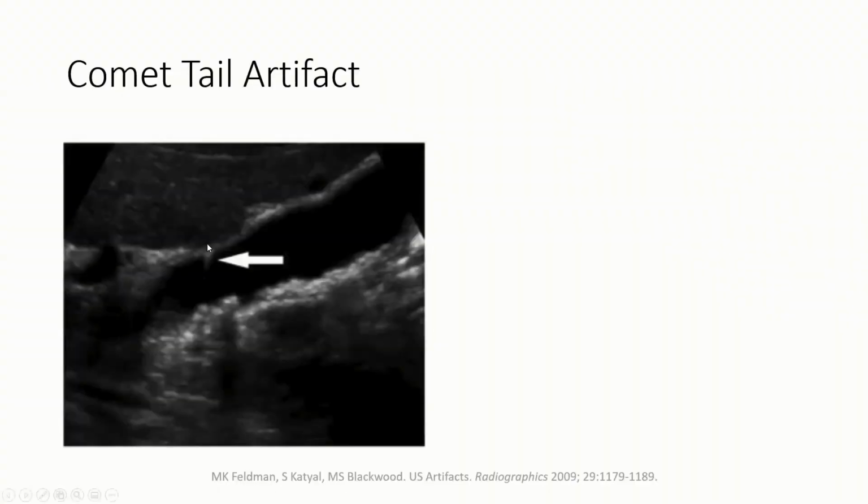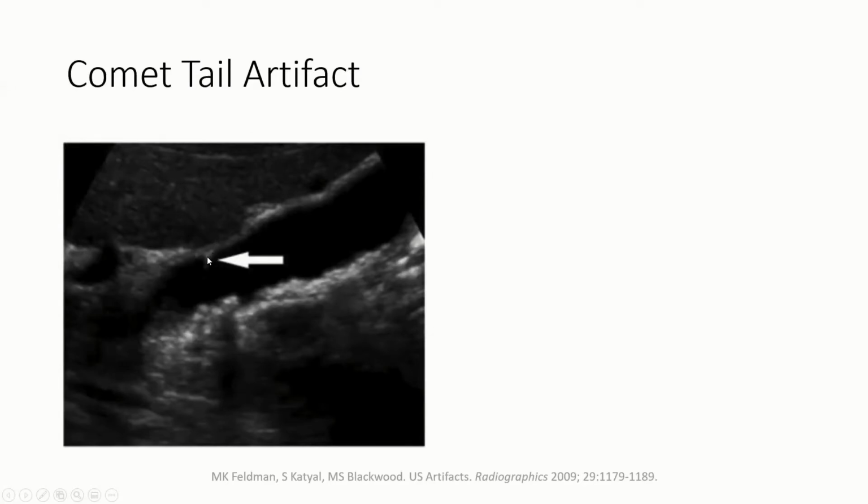And then this is another type of reverberation artifact called Comet-tail artifact. This is liver, and then this is gallbladder. And then you can see acoustic shadow. I will go over this artifact later, but at this point, I'm focusing on this one.